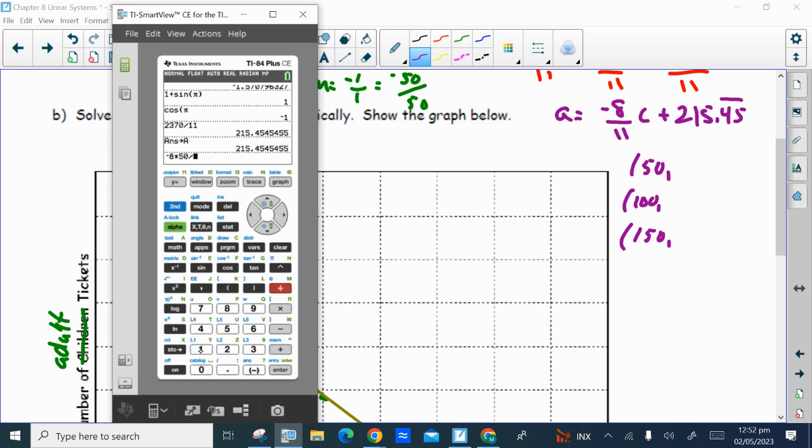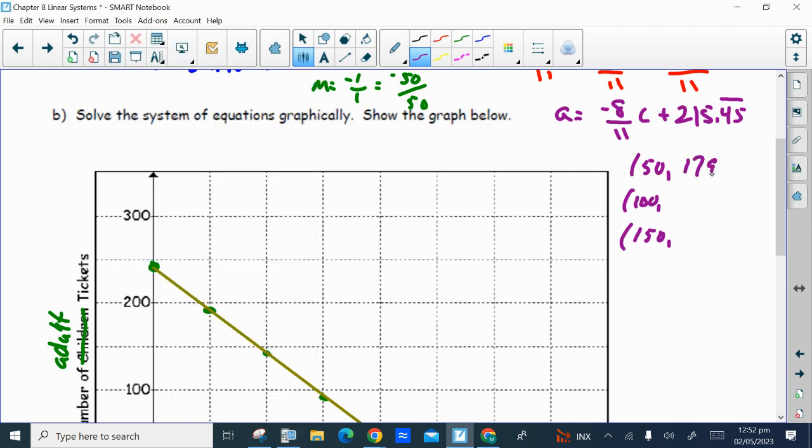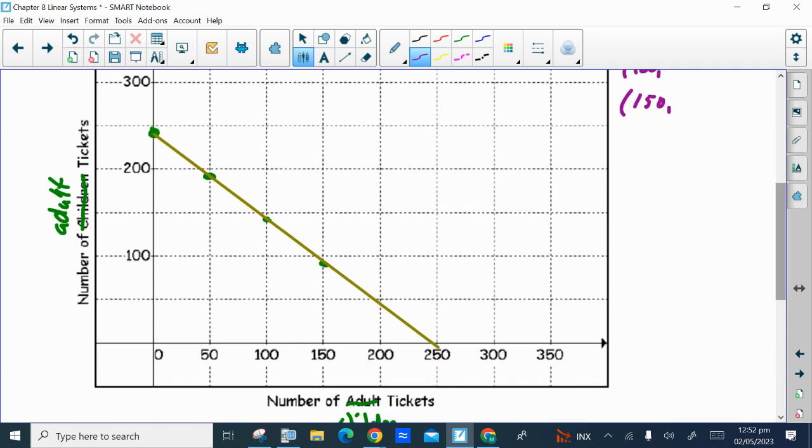Then divided by 11 gives us that value, plus the 215.45 repeating, which I put in memory slot A. So that's approximately 179. So the point 50, 179. There's 100, 150, 175 would be about right there. 179 just slightly above. So that's that point right there.